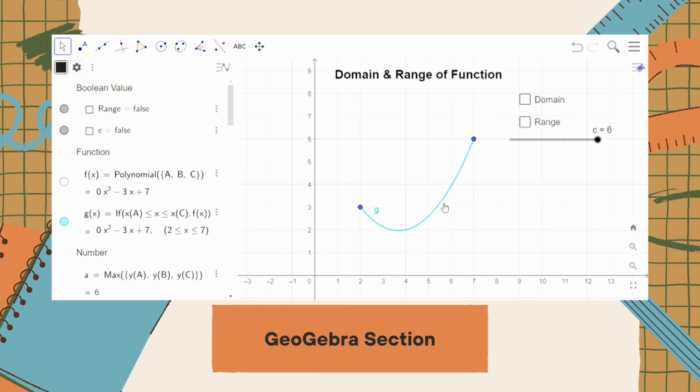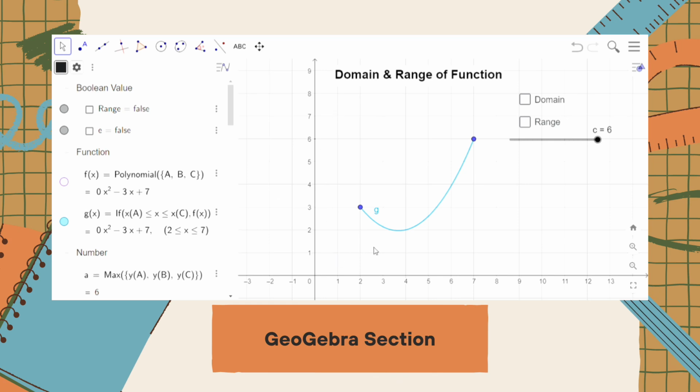So the domain is the set of all possible input values, which is the x values on the graph. So the range is the set of all possible output values, which is the y values. Okay, on the graph, the domain is the horizontal span and the range is the vertical span.